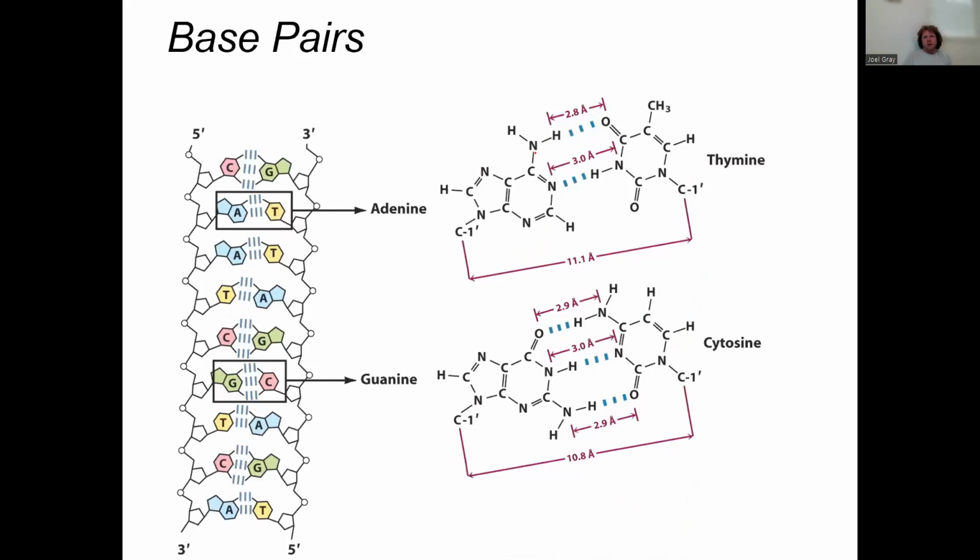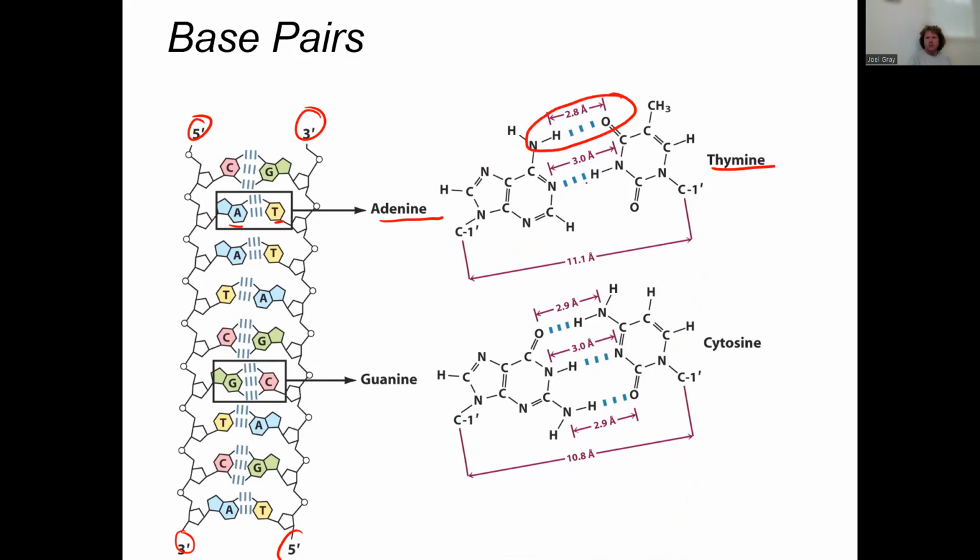Now we can look at a model of those different bases and how they pair up with one another. We can see a 5 prime, here's one strand going in the 5 prime to 3 prime direction, and the opposite strand going in the 5 prime to 3 prime direction. Our bases are adenine and thymine. Those have a total of 2 hydrogen bonds to one another. Here is our depiction of adenine and thymine, just zoomed in.